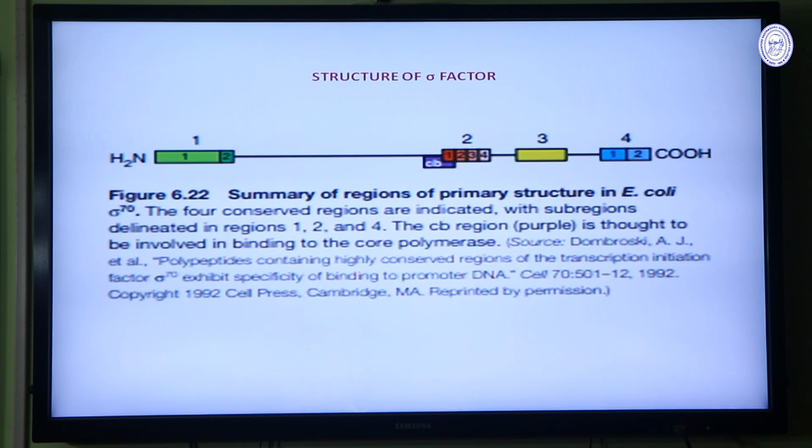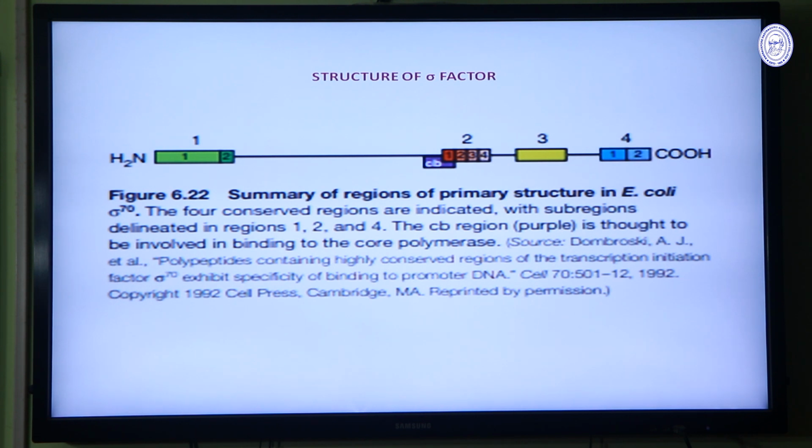Now, coming to the structure of the sigma factor. If we see the structure of the sigma factor, you can see it can be divided into 4 segments. Segment 1 is very close to the amino terminal end, and segment 4 is very close to the carboxyl terminal end.